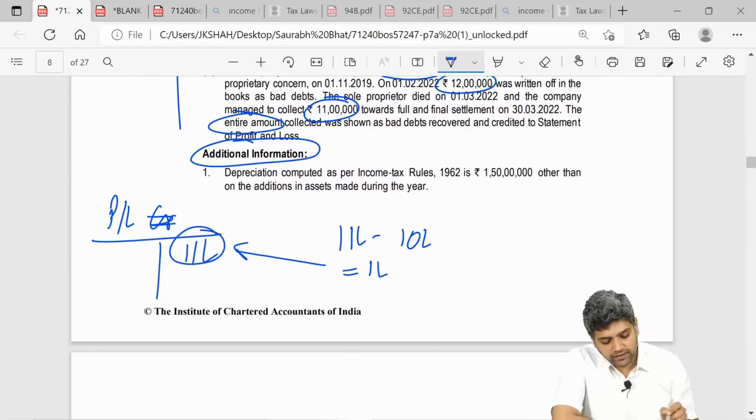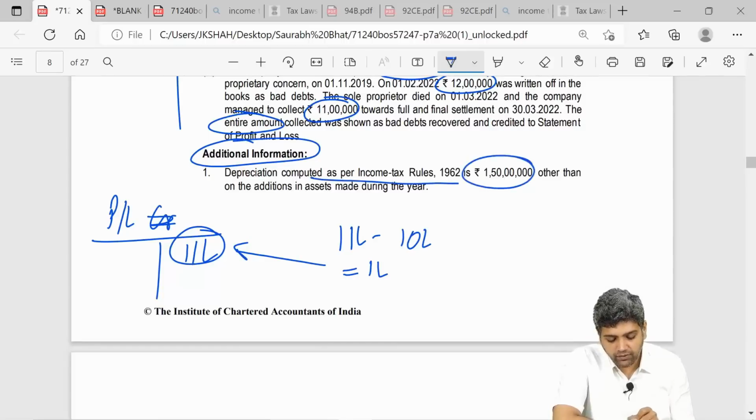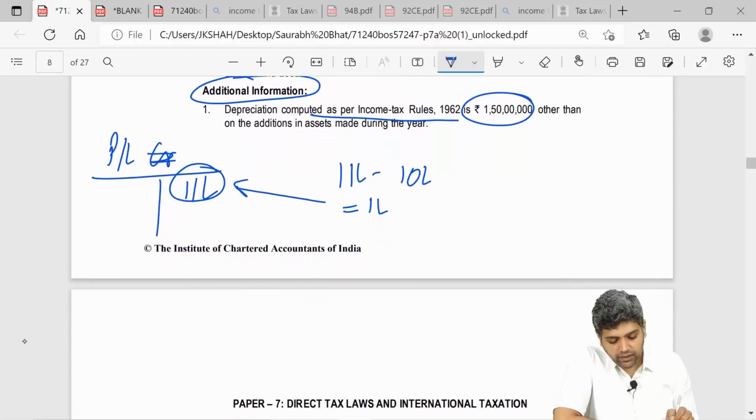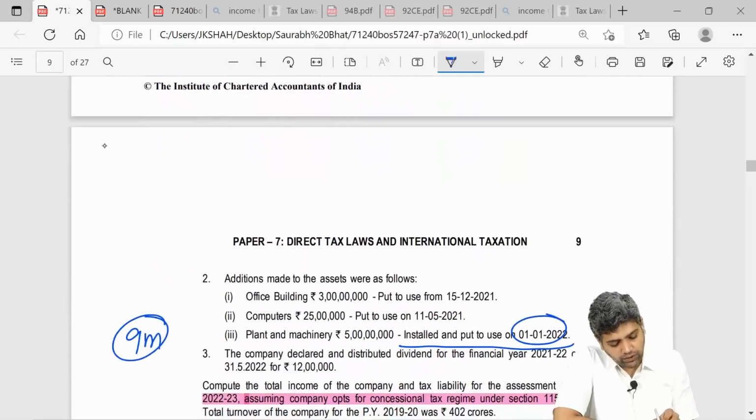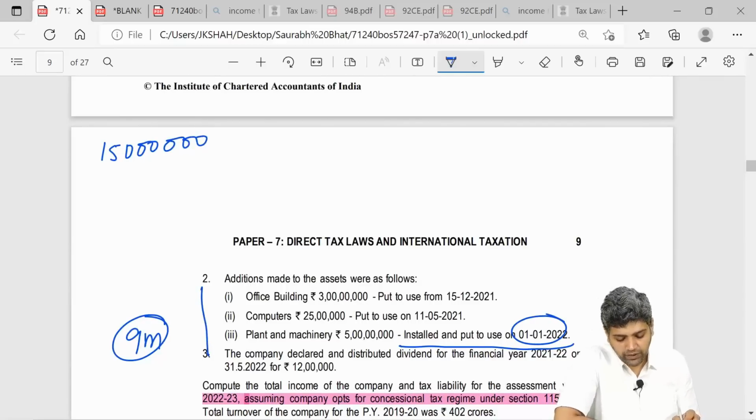So the first additional information says depreciation computed as per income tax rules is 1 crore 50 lakhs, other than on additions in assets made during the year. So 1 crore 50 lakhs is the depreciation except depreciation on these additions. The first addition is an office building of 3 crores which was put to use on 15th December 2021.